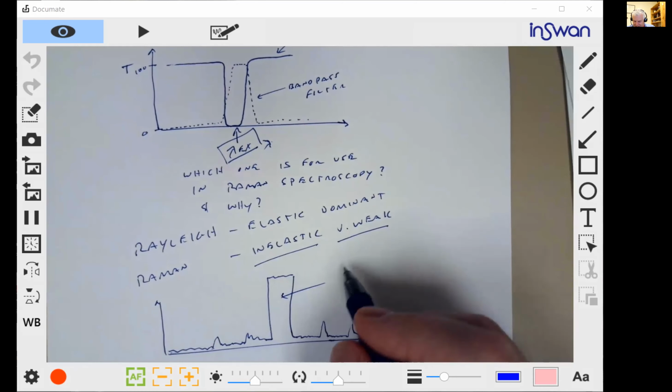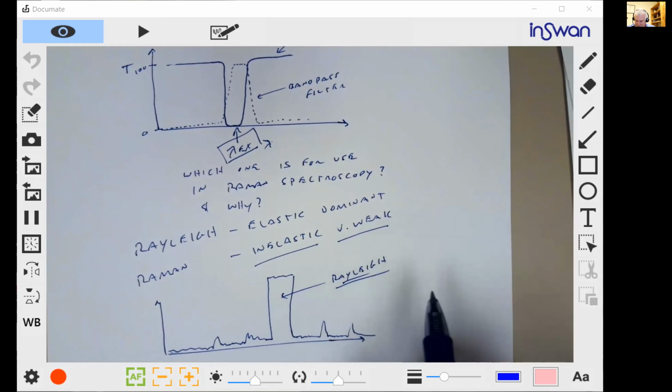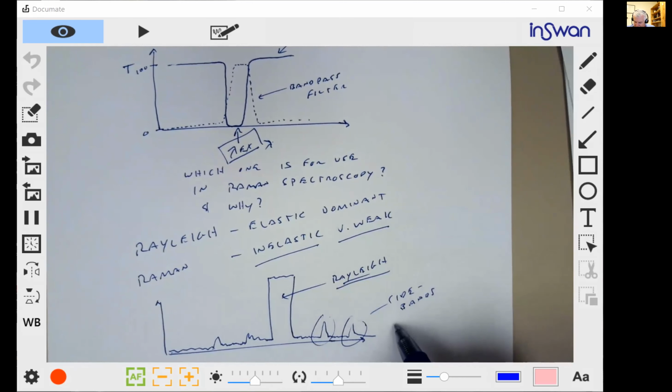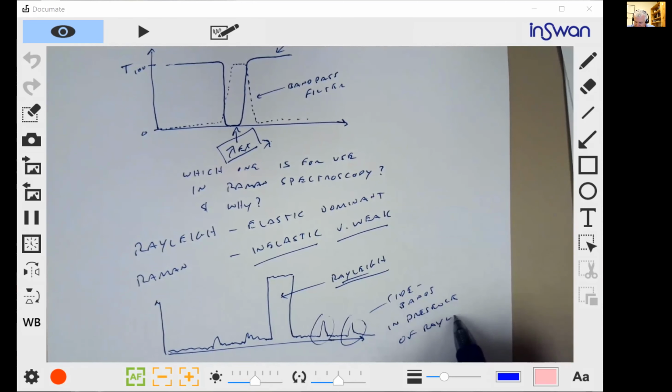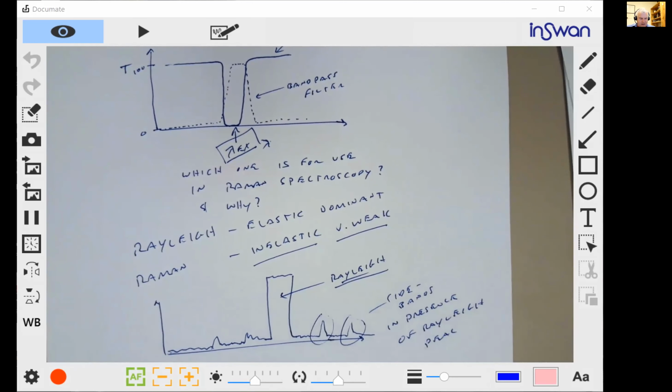This is the Rayleigh peak, and you can't always see the side bands in the presence of the Rayleigh peak.